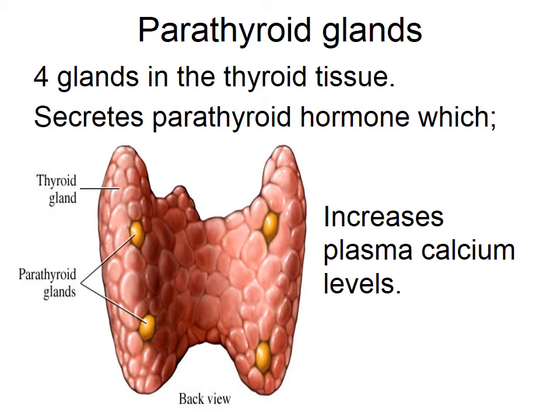And parathyroid hormone is vital because it increases the plasma levels of calcium. So when you have more parathyroid hormone, the amounts of calcium in the blood will rise. And of course, this is the converse of the calcitonin produced by the C cells, which had the effect of lowering serum calcium levels. So the parathyroid glands in the back of the thyroid gland produce parathyroid hormone to increase plasma levels of calcium.